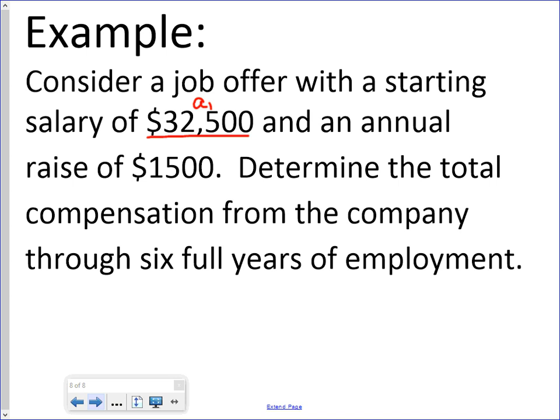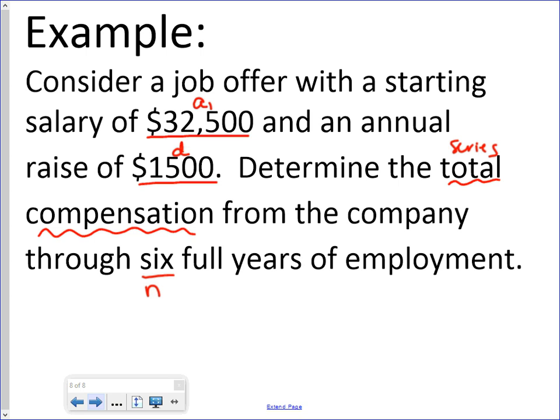A raise of 1,500, that's my common difference. I want to determine total compensation, so that would be all the salaries added together. So a series. And through 6 full years of employment, so that's giving me my value of n.